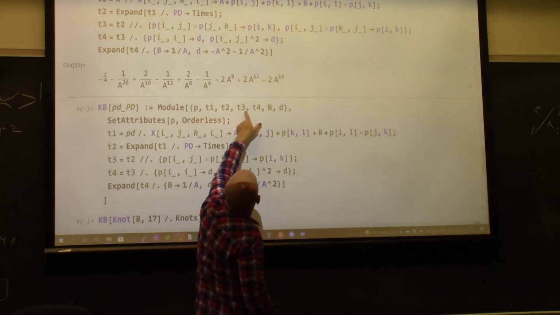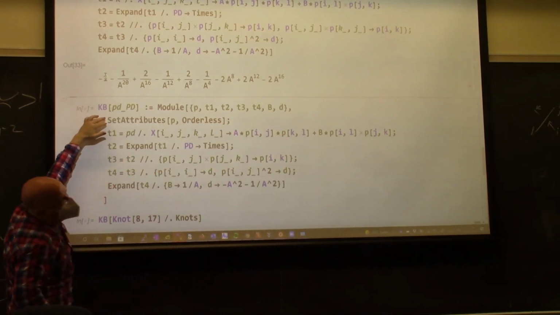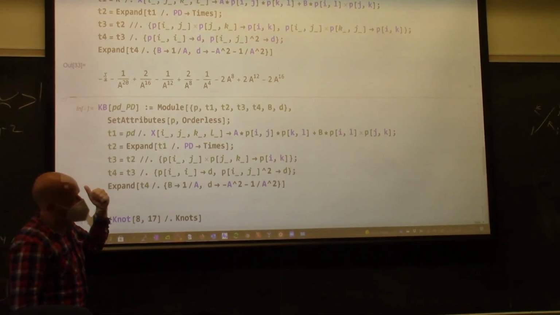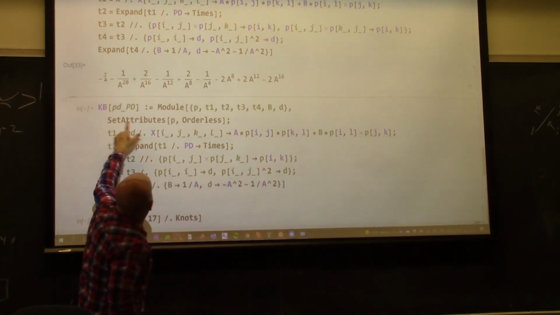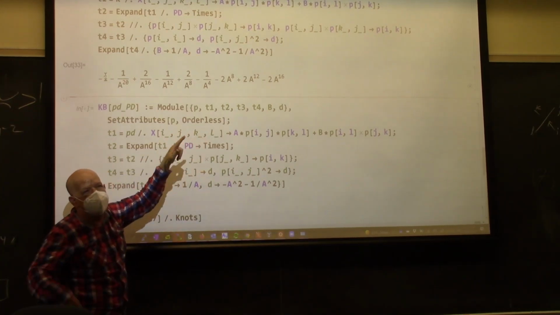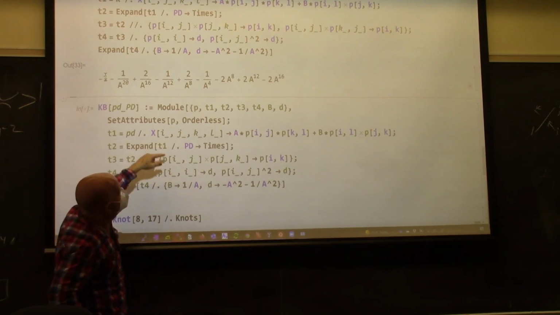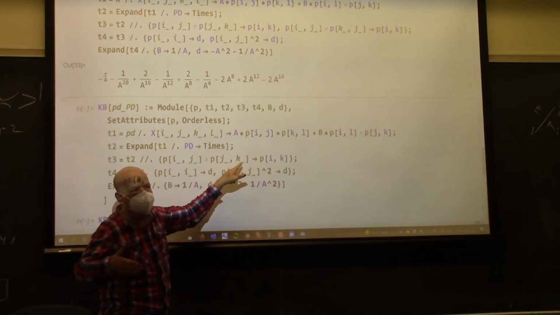So P, T1, T2, T3, T4, B, and D. And then the first thing I do, so this is the alternative approach. Instead of adding a second simplification rule, I decree that the symbol P is orderless, meaning Pij is equal to Pji. So then in the path simplification rule, I no longer need the second version, one is enough.